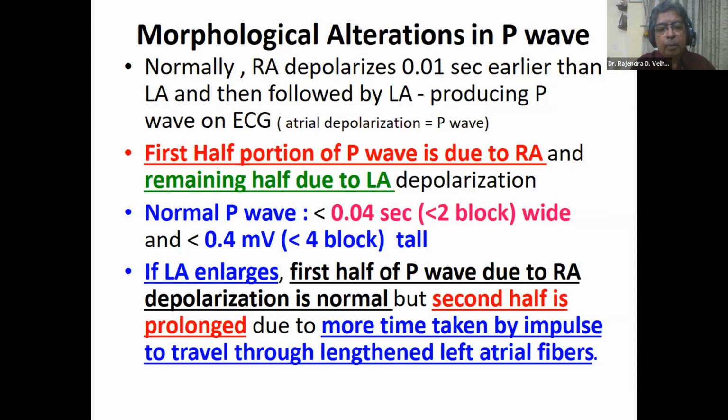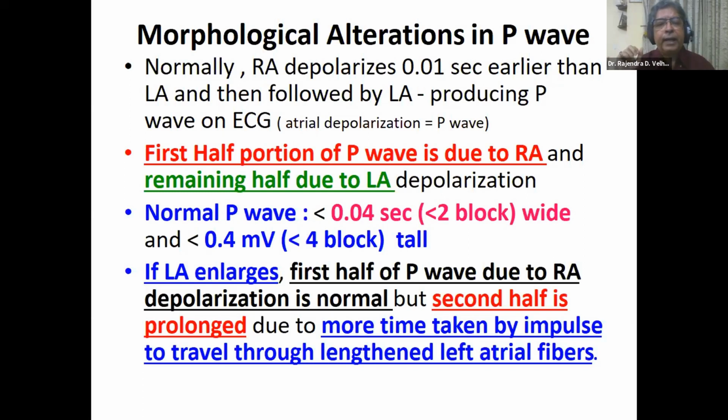In the dog, the normal P wave has two measurements, its width and the amplitude. The width should not be more than 0.04 seconds or 2 blocks. Should not be wider than 2 blocks. And the amplitude should not be more than 0.4 millivolt or should not be more than 4 blocks.